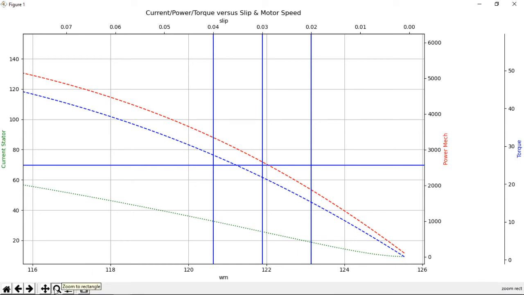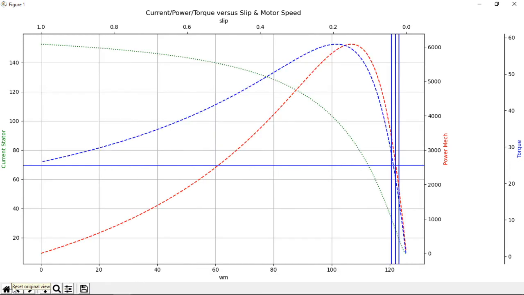So going back to this one here. If you have a constant torque load, then basically this is the max you can get, and it looks like a slip of 0.3 would work. A slip of 0.4 will not work for this.